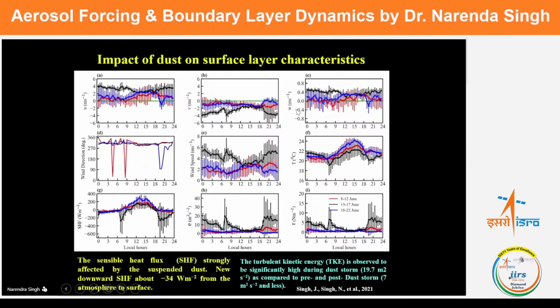So, of course, whenever there is a storm, winds also go very high, reaching as high as 6 meter per second, zonal component basically. And of course, the meridional component is also very high. You can see that around 4 meter per second in case of meridional component. And the vertical component of the wind is also slightly higher, reaching 40 centimeter per second.